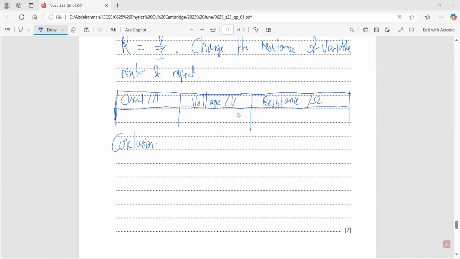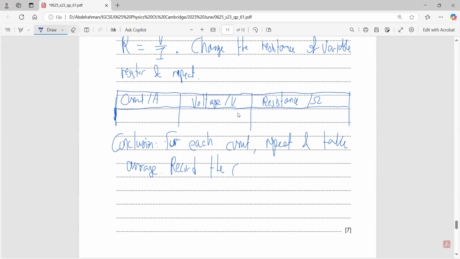How can I write down the conclusion? For each current, repeat and take average.